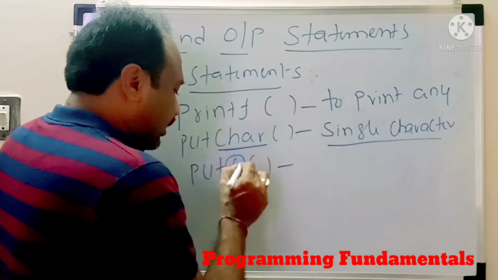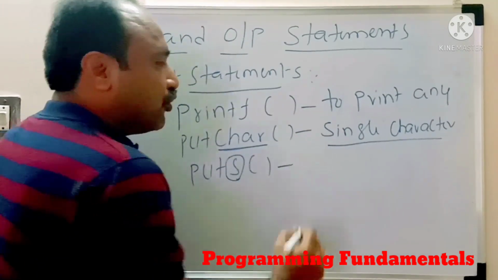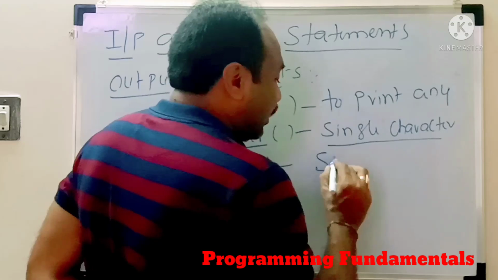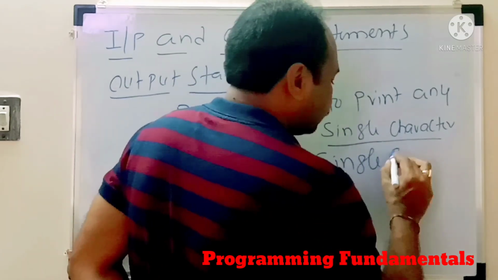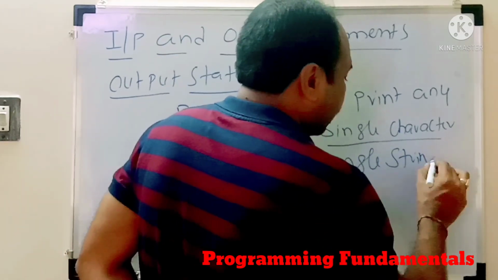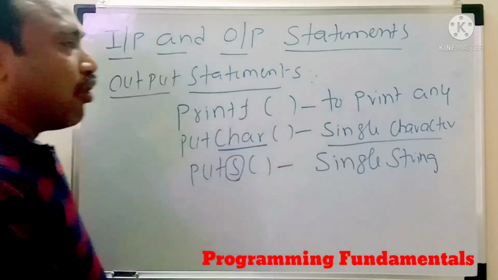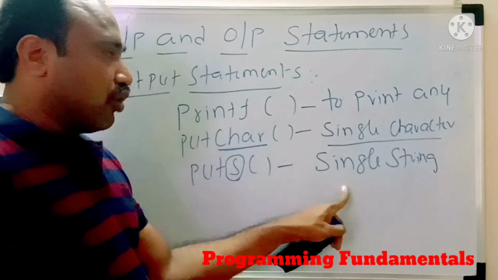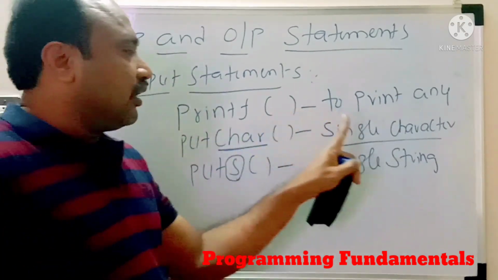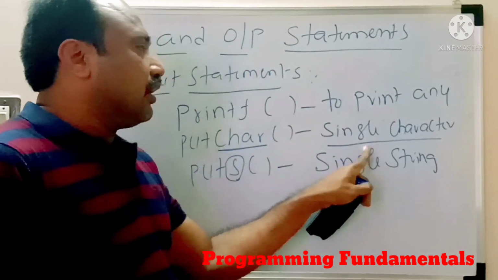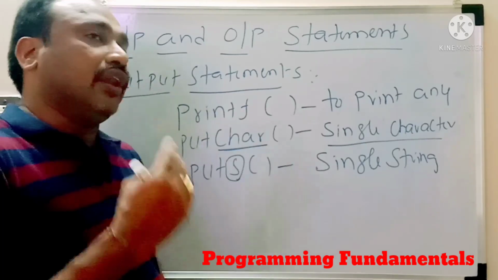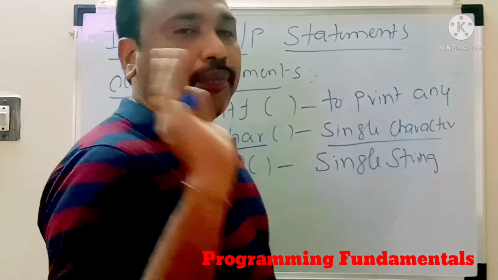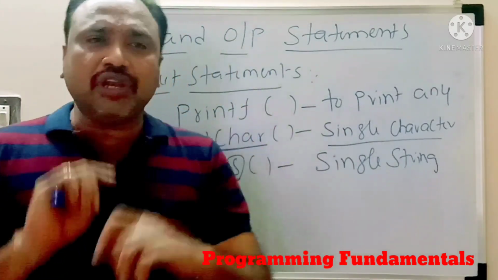Puts. Here you find the S. It is used to display a single string on the computer screen, on the monitor. Puts can print a single string on the monitor. Putchar will print a single character on the monitor. Printf will print any number of values and any type of values. You may say, sir, I will print only one integer.